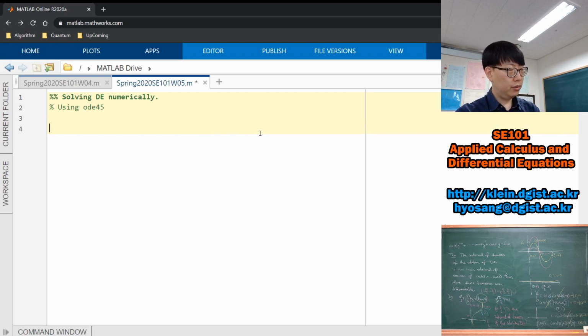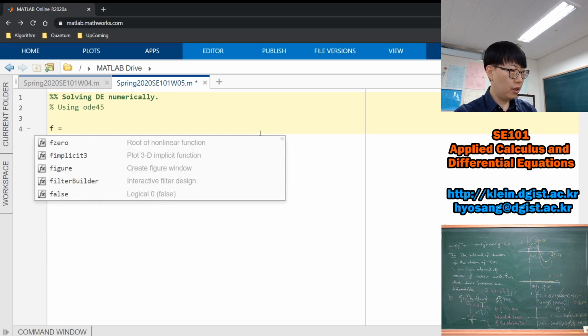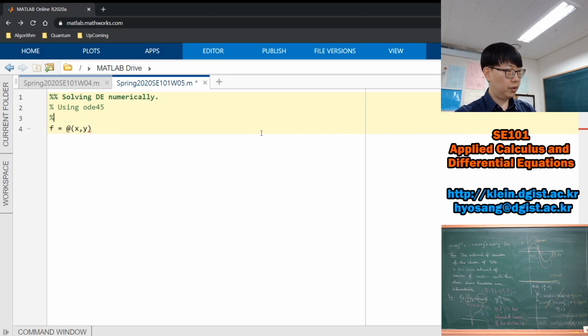And how to use it is, first you have to set up your differential equation of this form: y prime equals f(x, y). Okay.